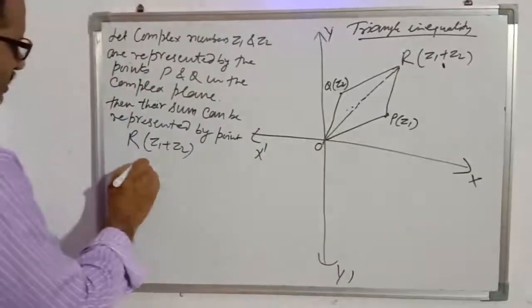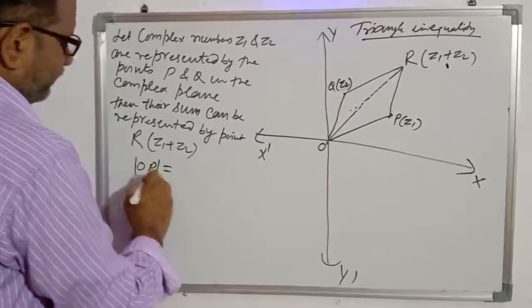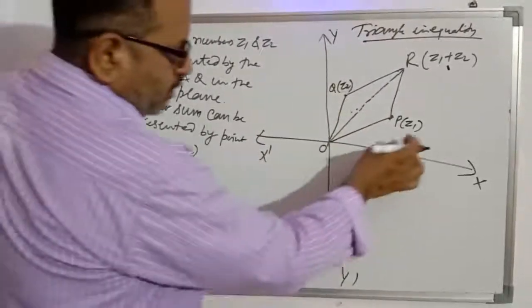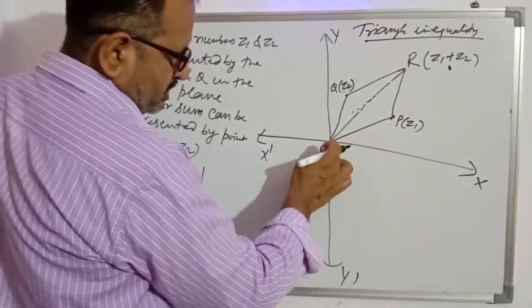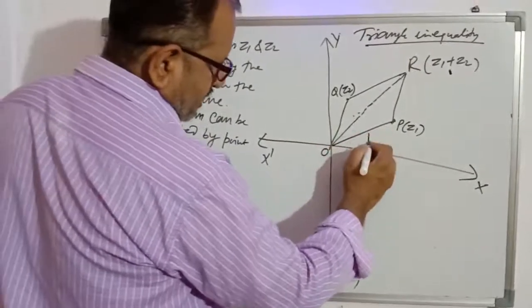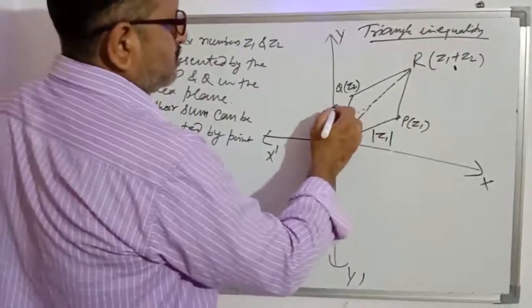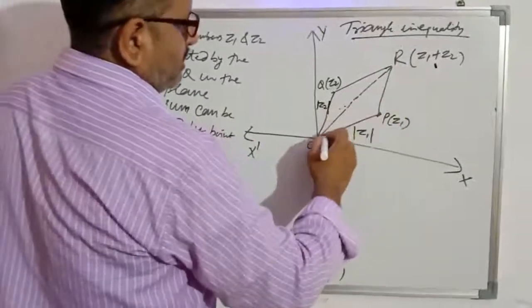What is OP? OP will be mod of Z1. If we join the point P to the origin O, this OP is mod of Z1. Join Q to O, so it will be mod of Z2. What will be OR?